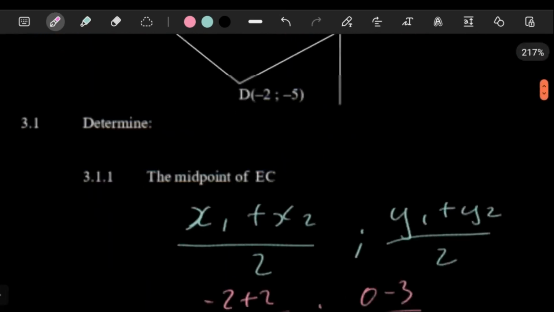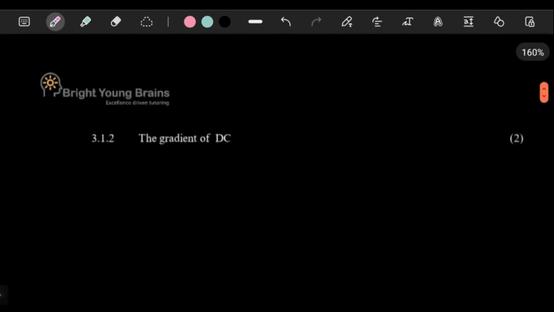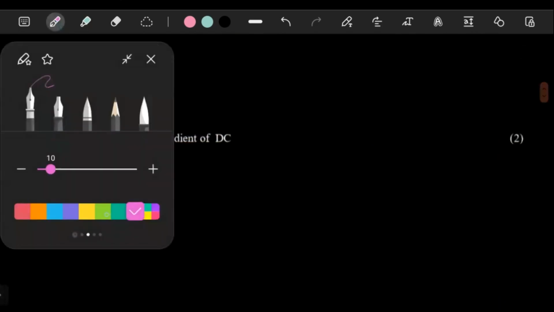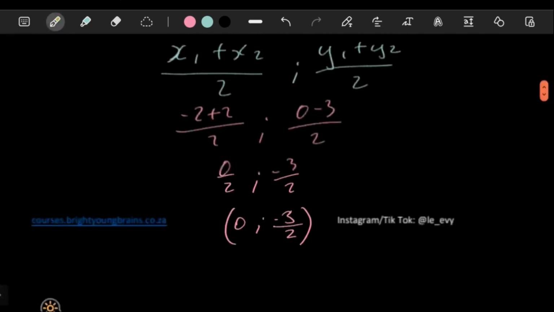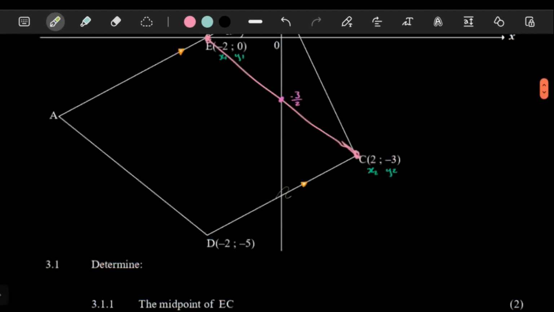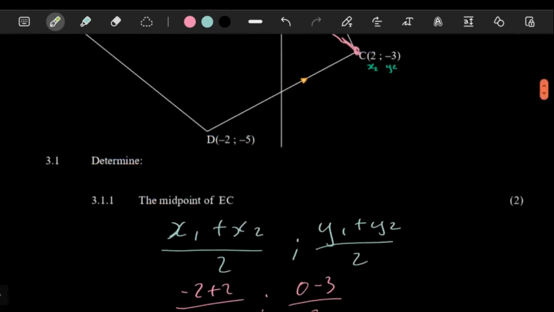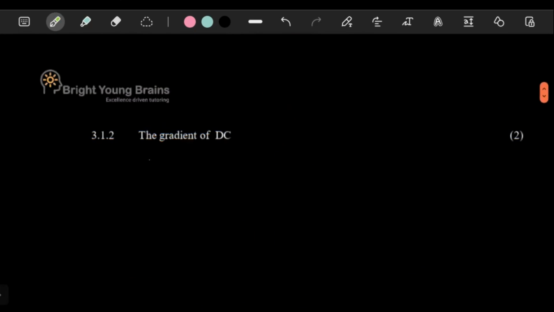And then it says we need the gradient of DC. Where is DC? There's D over here, there's C over there. The gradient, we're just going to use the gradient formula. M is equal to y2 minus y1 over x2 minus x1.